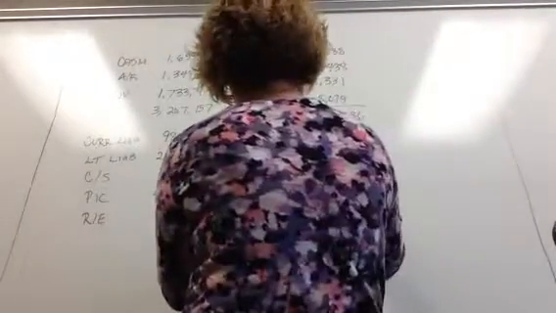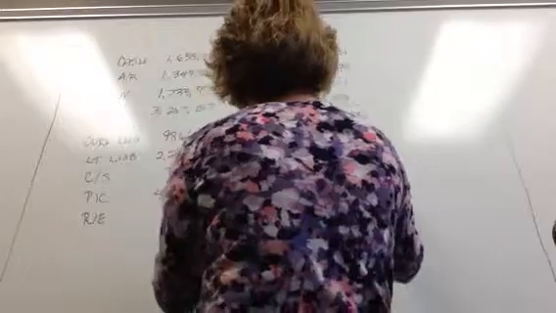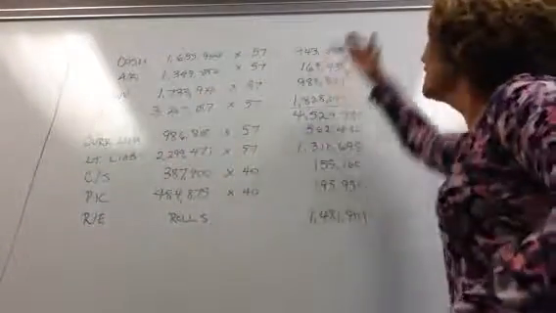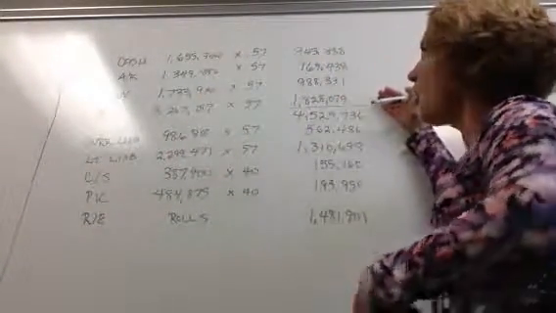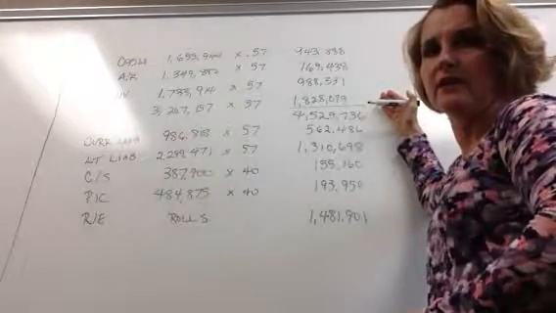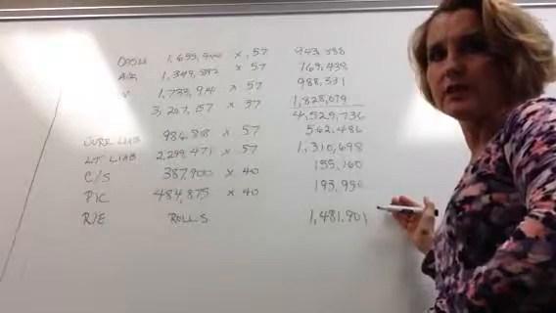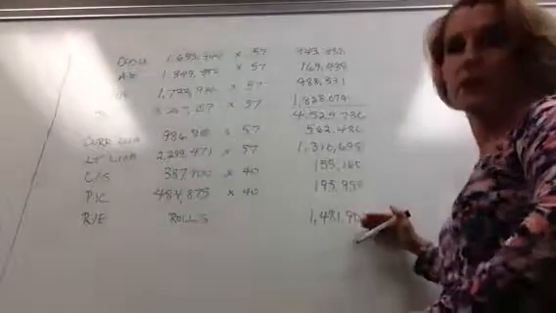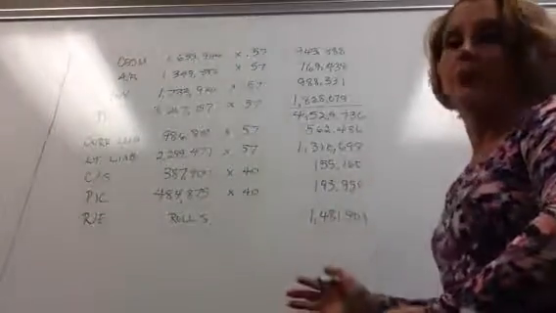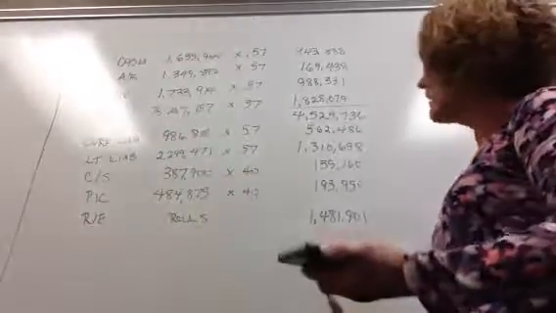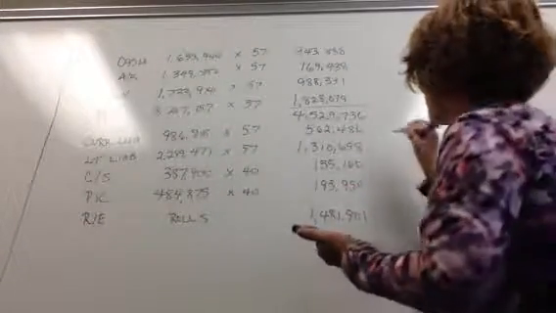And if you're just following this, obviously if I translate all of my assets at the end of the year rate, and then I come down to my liabilities and my equity and I'm translating those at different rates, or I'm letting them roll in from another statement, there's no way that these are going to balance. So that's our next step, to say, okay, well, how far off are we?